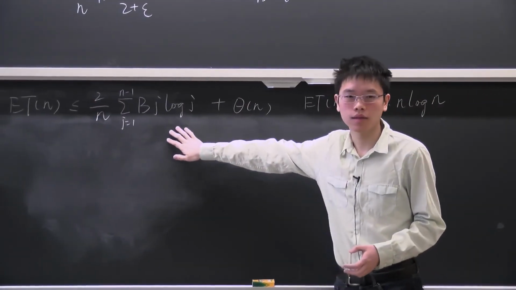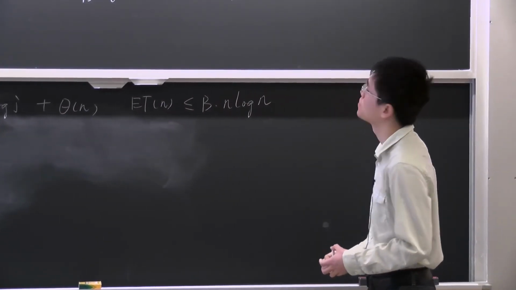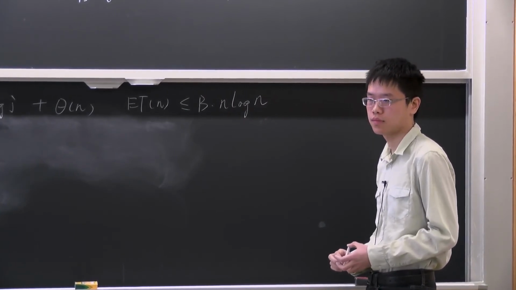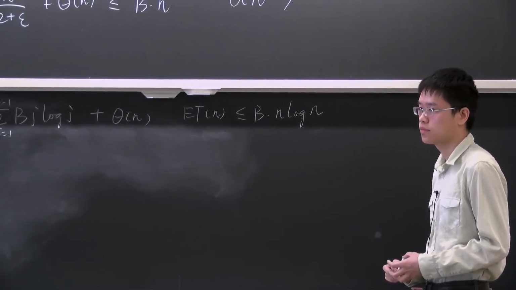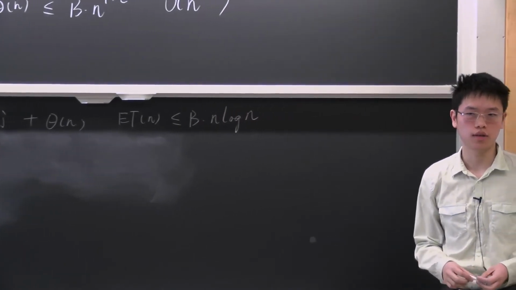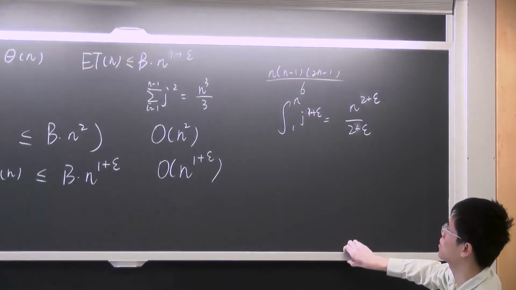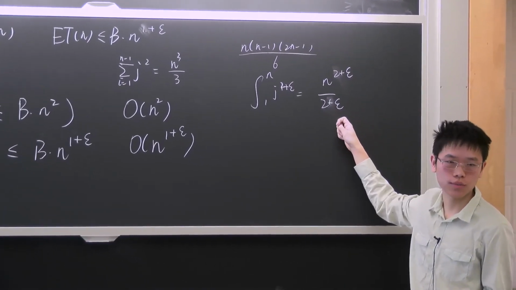How do I compute that? It's not the sum of natural numbers or squares of numbers, so you cannot use a formula like this. But we can still use the integral argument, right?